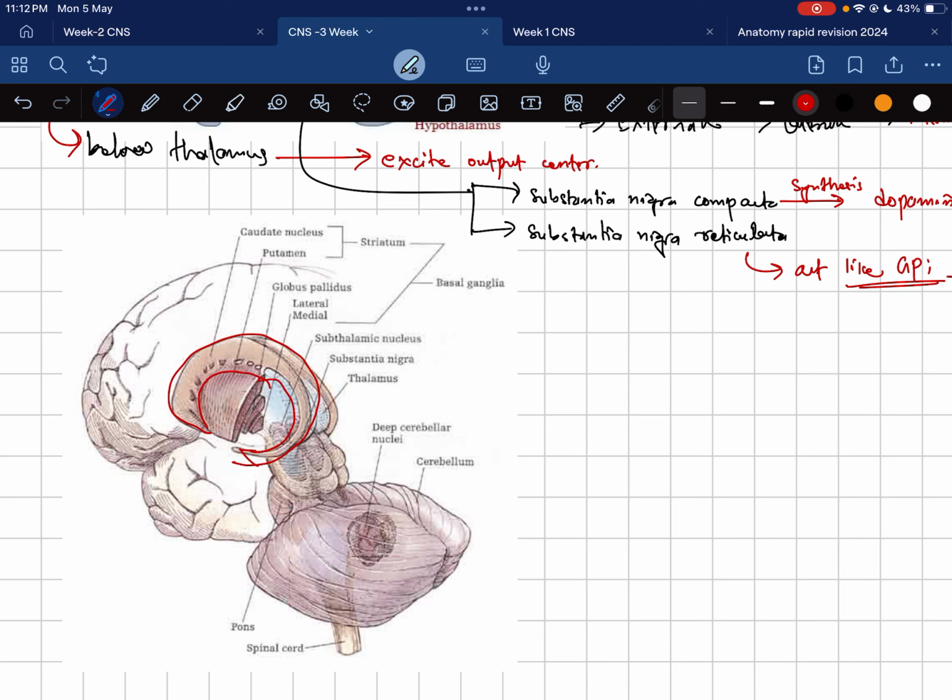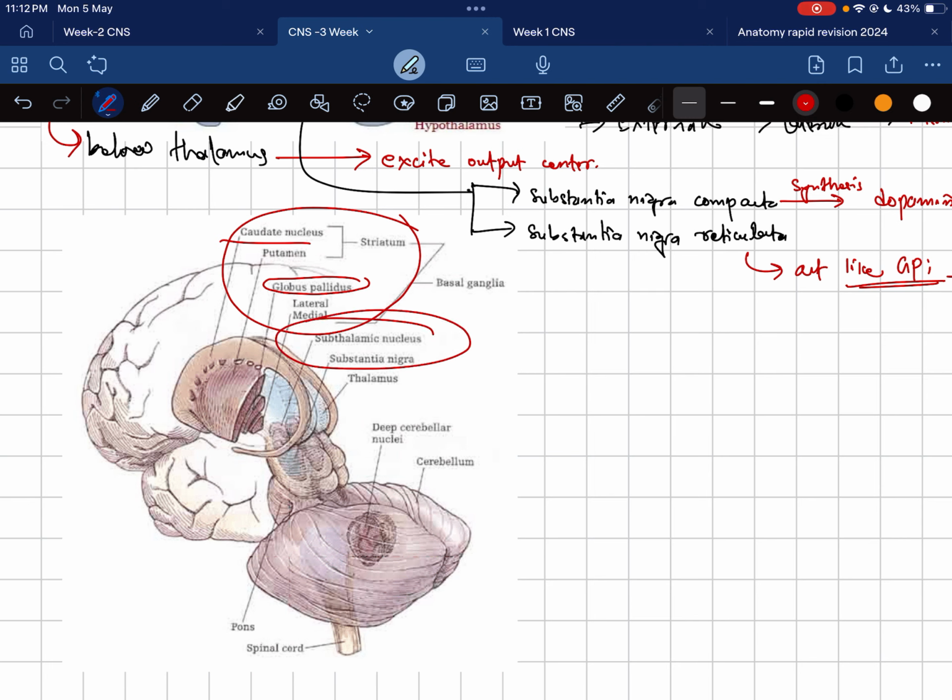All of these form the basal ganglia: the caudate nucleus, the putamen, the globus pallidus with its medial and lateral aspects, the subthalamic nucleus, the substantia nigra, and the thalamus. These are the components.